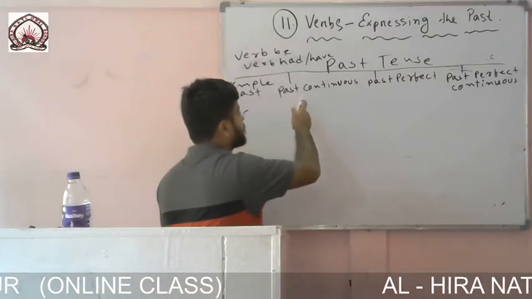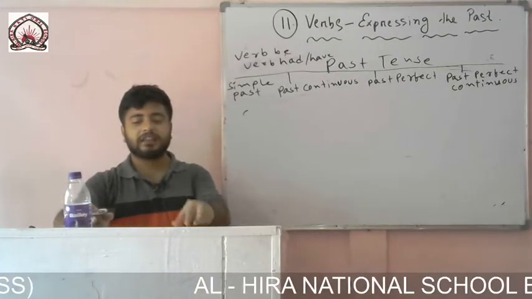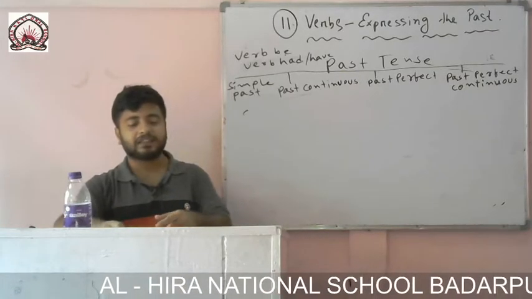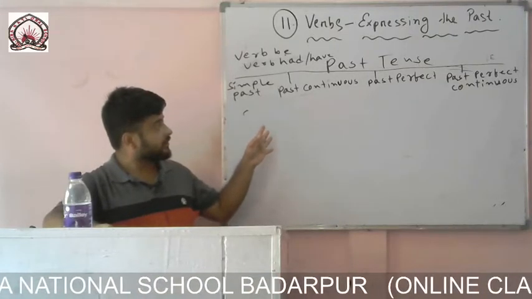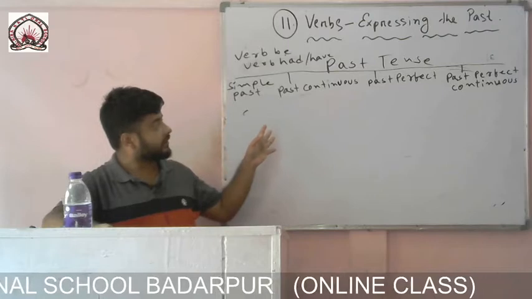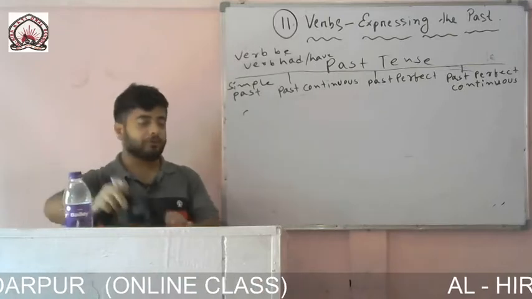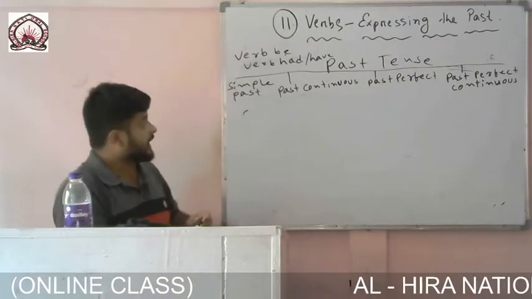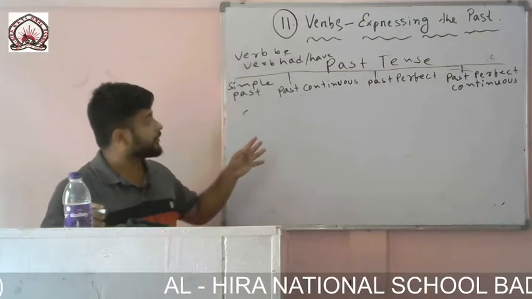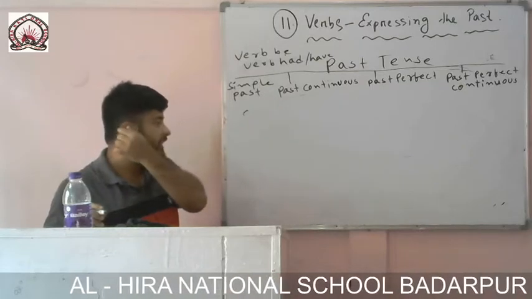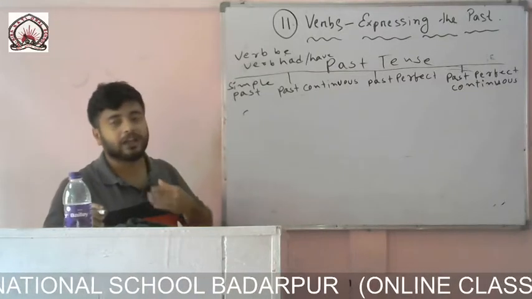Next is past continuous, the action which was in progress in past time. Before going into detail about past continuous, let me explain another example from the verb be with the help of was.